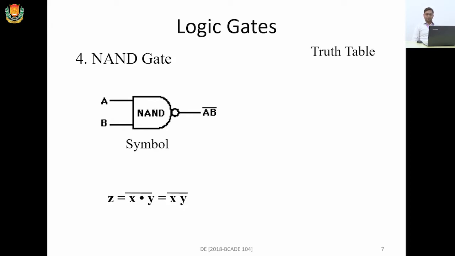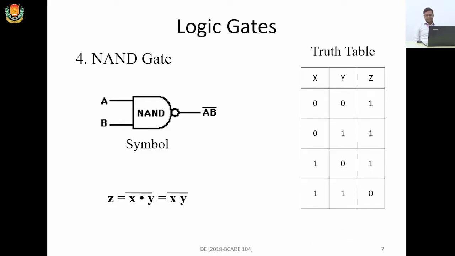We are considering A and B as input, and output we can say Z or X, whatever. You can see the truth table. In the truth table, we are considering X and Y as 2 inputs and Z as output.